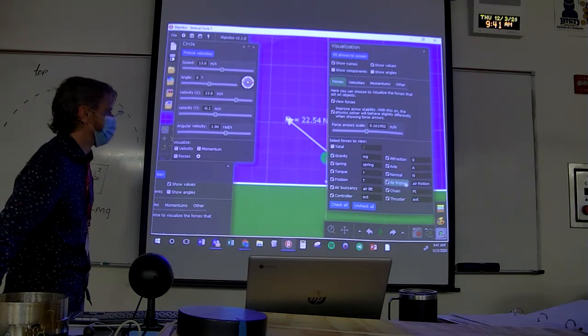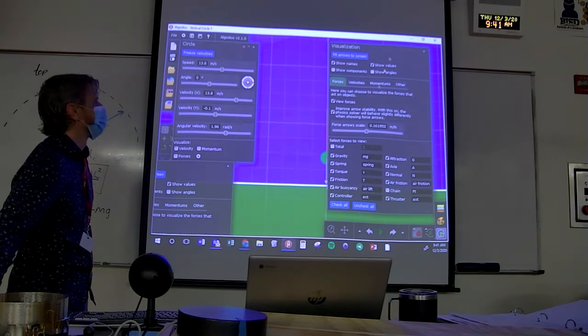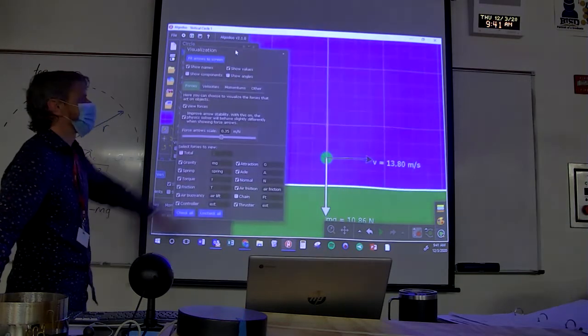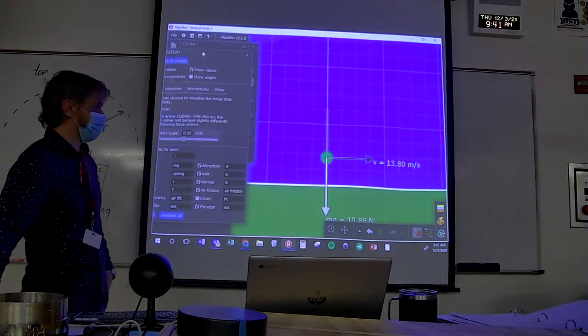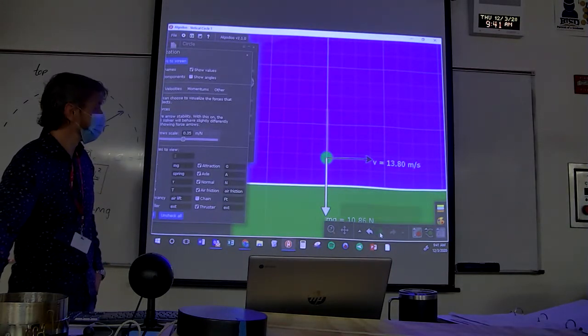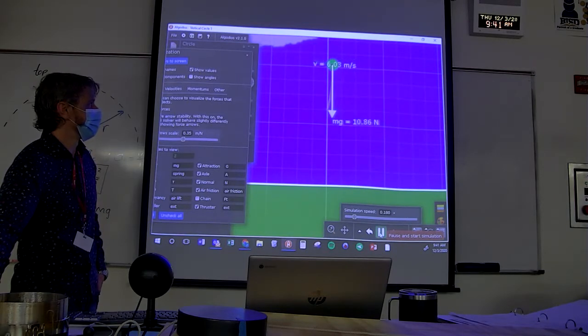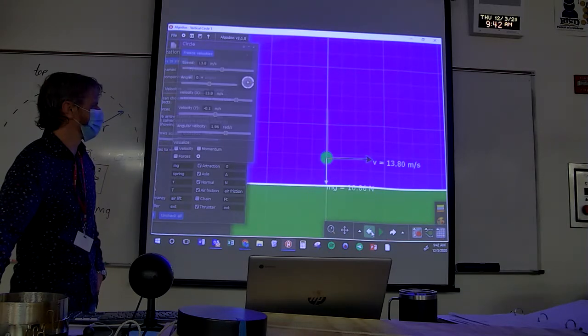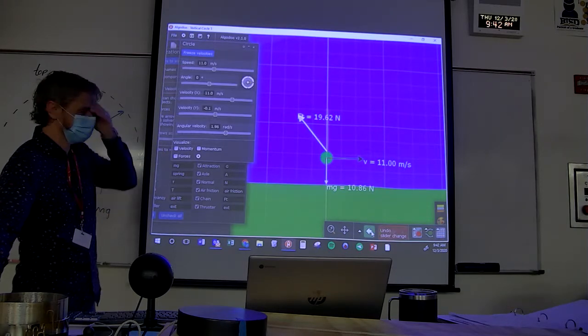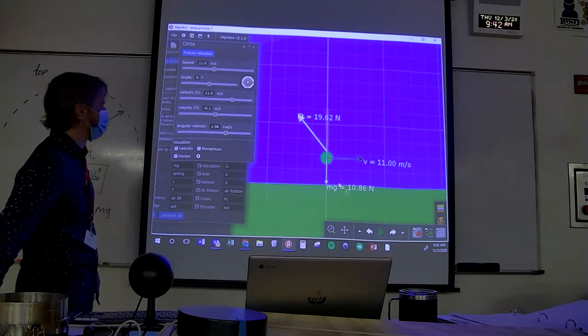Let's get rid of the tension force. So the tension force is still there. I just took the vector off. And so we can see. Wait, why did I do that? Oh my gosh. Don't listen to me.